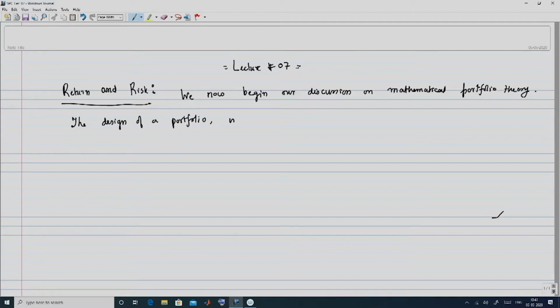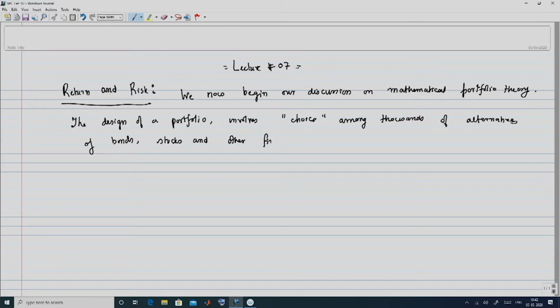So, the design of a portfolio involves something called the choice among thousands of alternatives of bonds, stocks and other financial instruments such as derivatives.